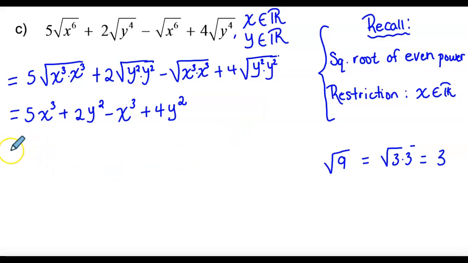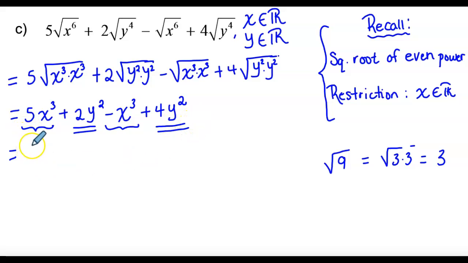Now let's see if we have any like terms so that we can simplify this even further. Notice that we have 5 times x to the power of 3 minus x to the power of 3. And we also have 2 times y squared plus 4 times y squared. So we can add the corresponding like terms.